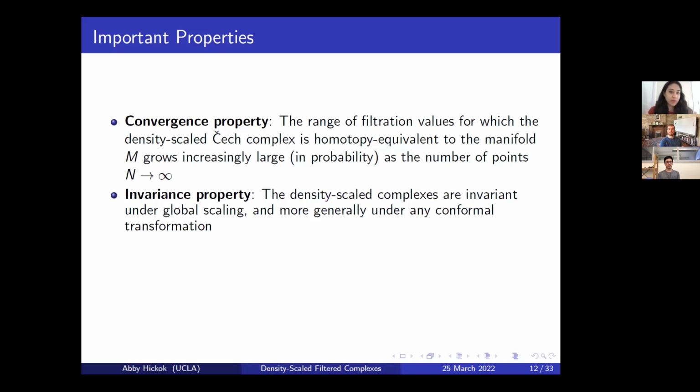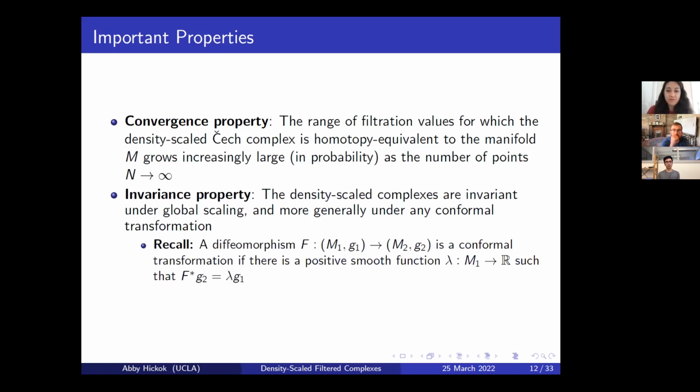The second important property is this invariance property. The density scaled complexes are invariant under global scaling. So if I scale my point cloud up, my density scaled filter complex is going to remain the same, and my persistence diagram is going to look the same. More generally, they're invariant under any conformal transformation. A conformal transformation is a diffeomorphism between two manifolds so that the pullback of one of these Riemannian metrics is a scalar multiple of the other.